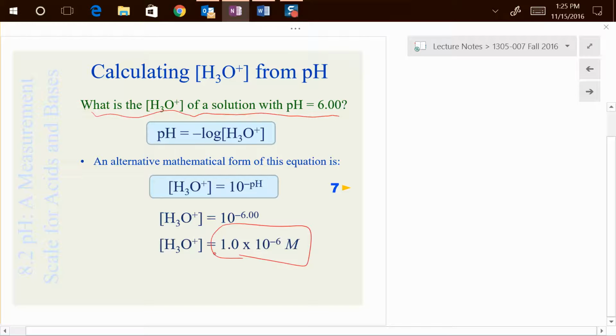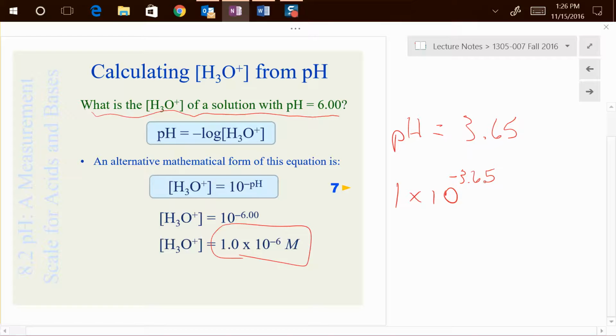But what happens when I have a pH equal to 3.65? It's not the same, right? Well, it is. It's just that you can't report it as the same. You can't report it as 1 times 10 to the negative 3.65, although that's correct. You need to calculate it.